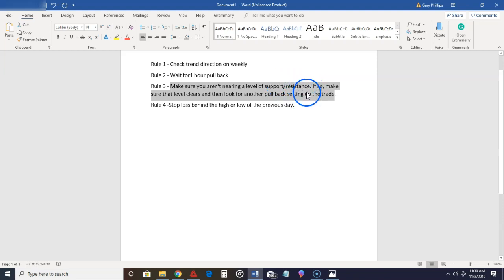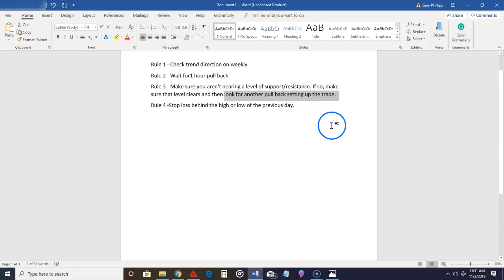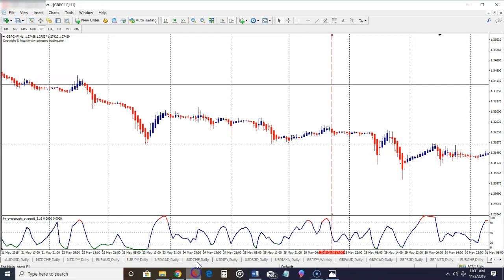You just want to make sure that level clears first. Then you want to look for the next pullback in the opposite direction of the trade. Wait for it to turn over so you can start trading in the direction of the overall trend. You want to put your stop loss behind the high or the low, depending on your trend direction, of the previous day. Those are the 4 rules.